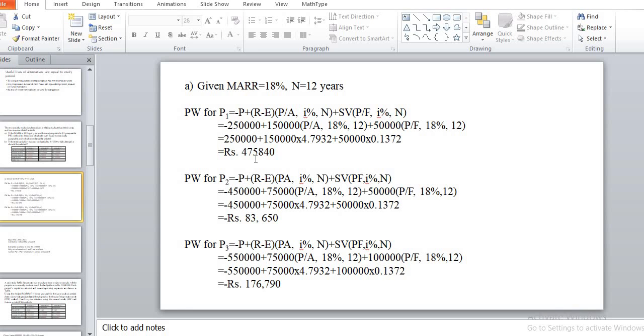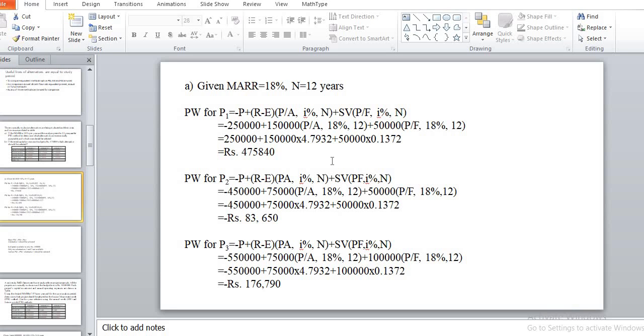We calculate the present worth for P1, present worth for P2, and present worth for P3, and we compare the present worth of these different projects.